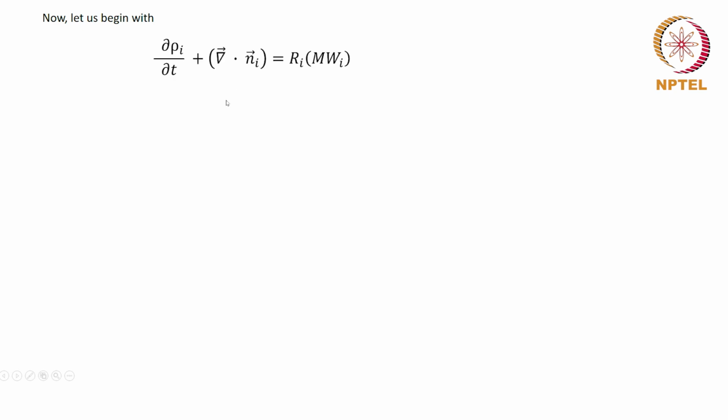Now, let us begin with this ∂ρi/∂t plus del dot Ni equals Ri times the molecular mass of i, 2.3.2-2. We have already seen that this expression, okay, in a few classes earlier, minus ρ Di del Wi equals Ni minus Wi Nt, a reasonably general expression.